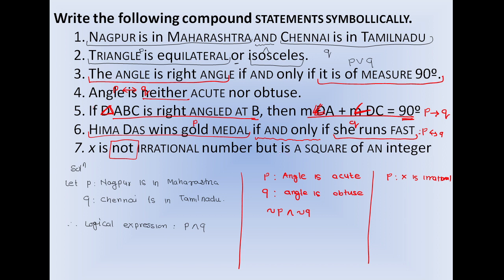And what is Q? x is a square of an integer. Right? So how do you represent this in a logical way? It is negation of P. Here not is there, so it is a negation of P. But that means it is a conjunction. So and Q. So the logical expression for this is negation of P and Q. Is this clear?